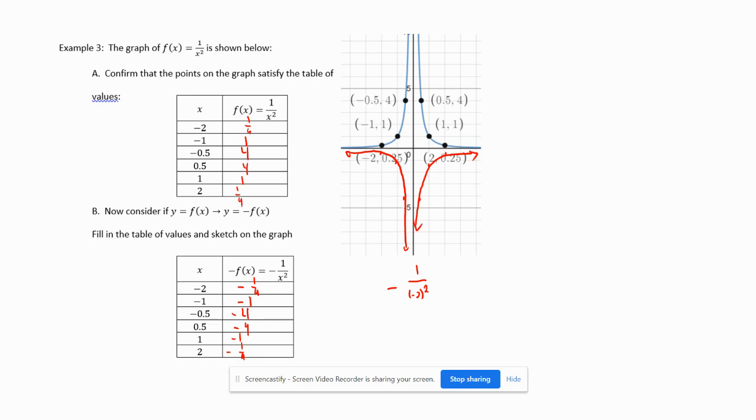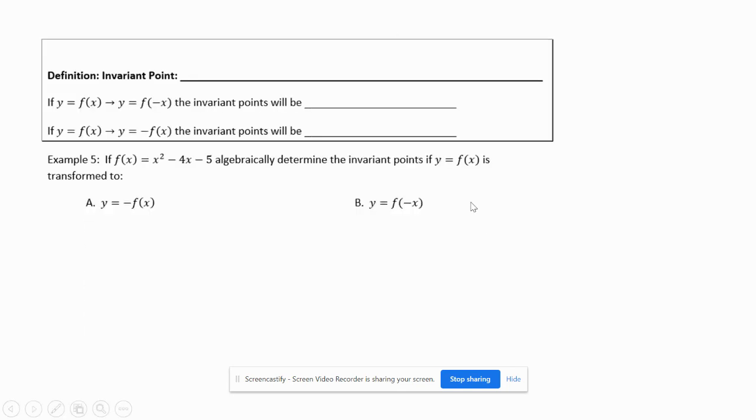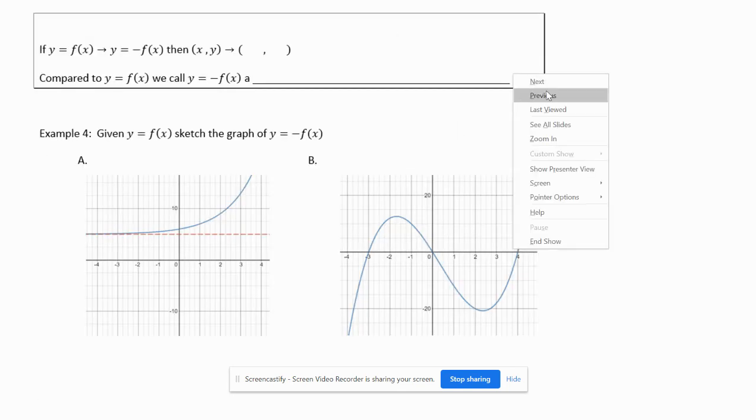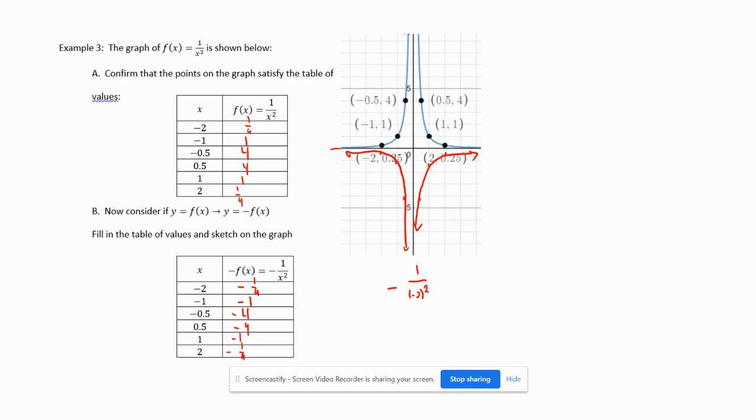So what do we call this guy? This one is going to be reflection, but not in the y-axis. This is now going to be reflection in the x-axis. So if y equals f of x becomes y equals negative f of x, we call this a reflection in the x-axis.